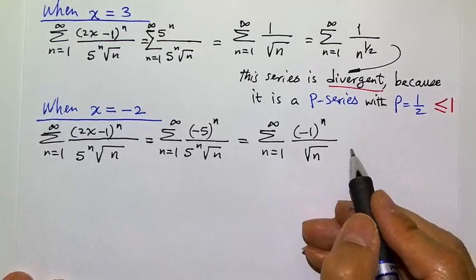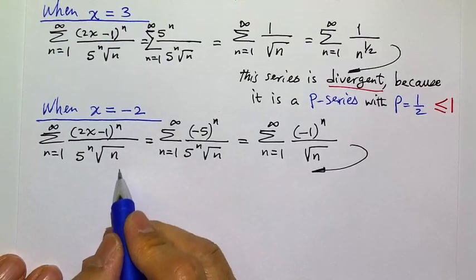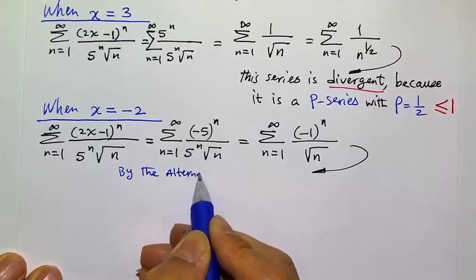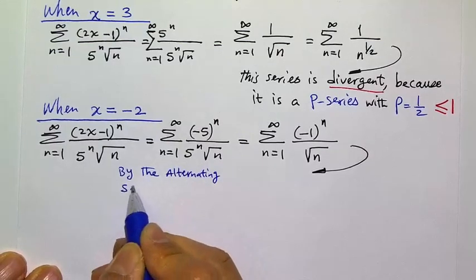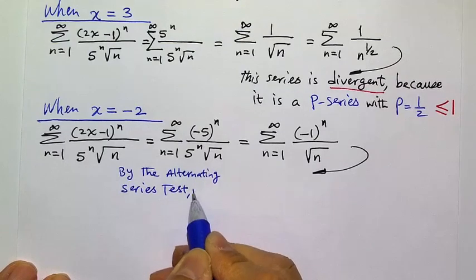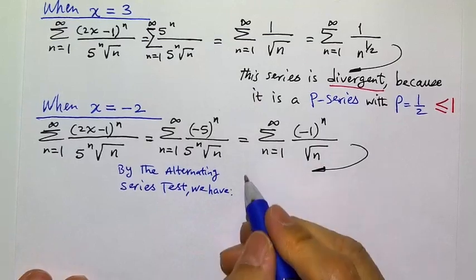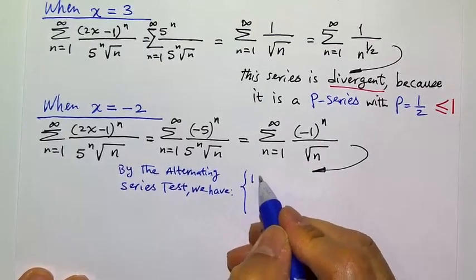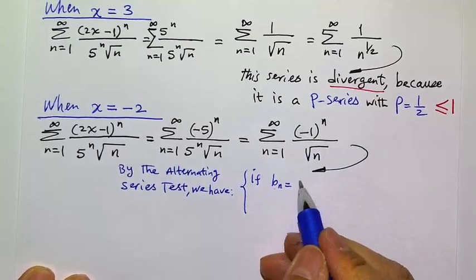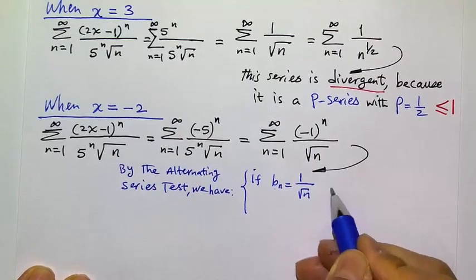Bn would be the positive portion of this, so 1 over square root of n.